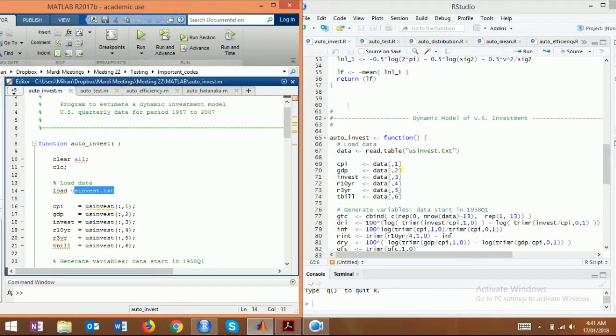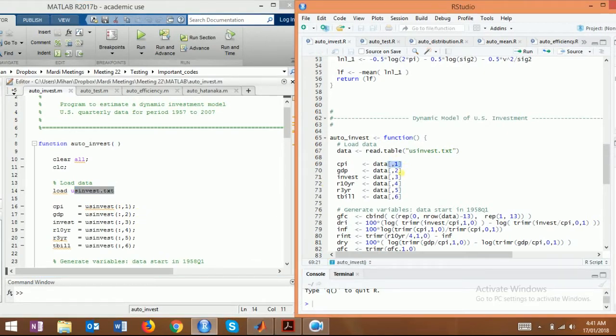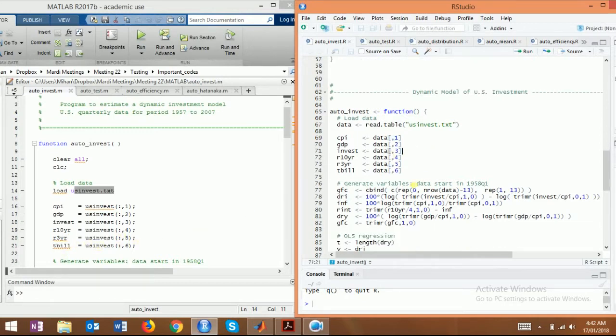All elements in the first column are CPI, all elements in the second column, just a third bracket comma 2, very simple. In our GDP, all elements in the third column are invest, then the 10 year interest rate, 3 year interest rate, T-bill. So all these are coming in.